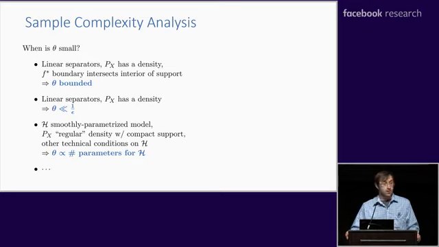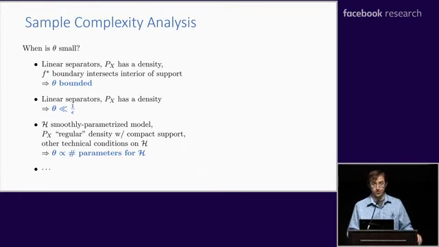And then there are some more general conditions for general function classes H. There's some work by Friedman from COLT 2009 showing that if your hypothesis class is in some sense smoothly parametrized, and you have some regularity conditions on the density of the X distribution, and some other technical conditions, so the functions are specified as thresholded real-valued functions, and they cross the threshold at a certain rate, and things of this sort, then the disagreement coefficient is going to be roughly proportional to the number of parameters in that smooth parameterization of the function class.